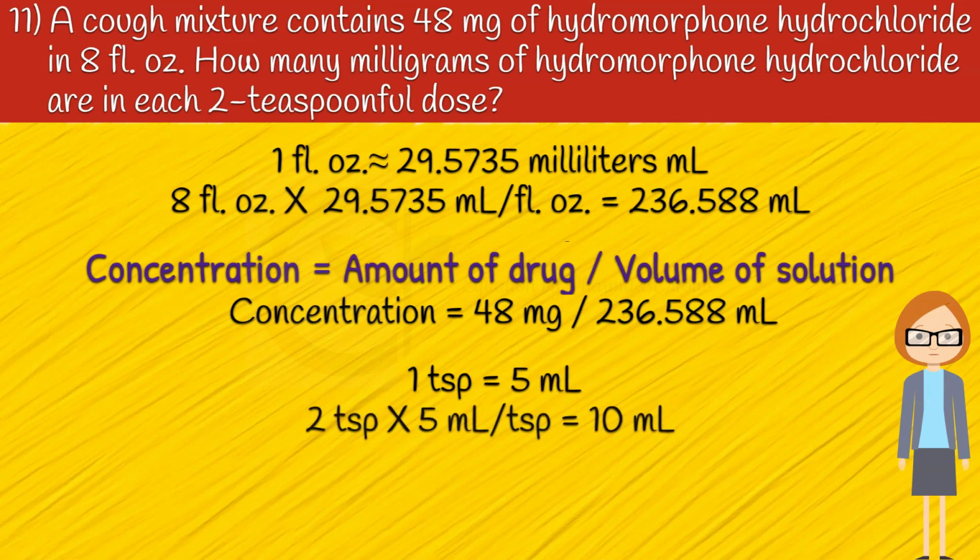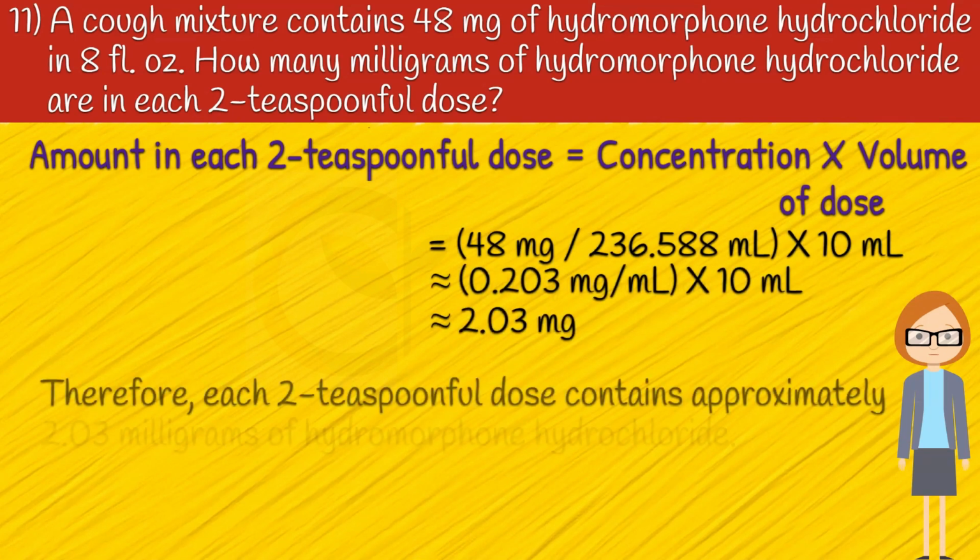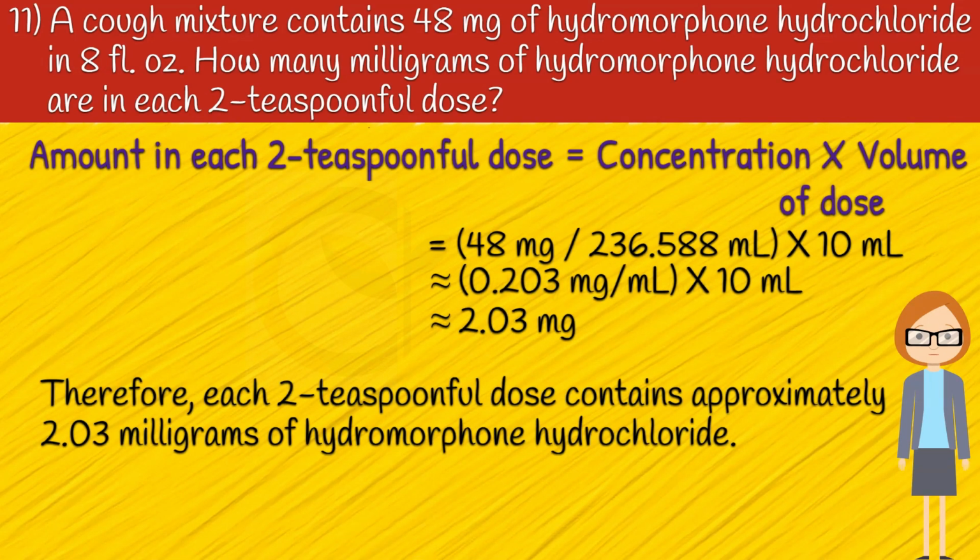Now, let's determine the volume of a 2 teaspoonful dose. 1 teaspoon is equal to 5 milliliters. So, 2 teaspoonfuls are 10 milliliters. Now, we can calculate how many milligrams of hydromorphone hydrochloride are in each 2 teaspoonful dose by multiplying concentration with the volume of dose.